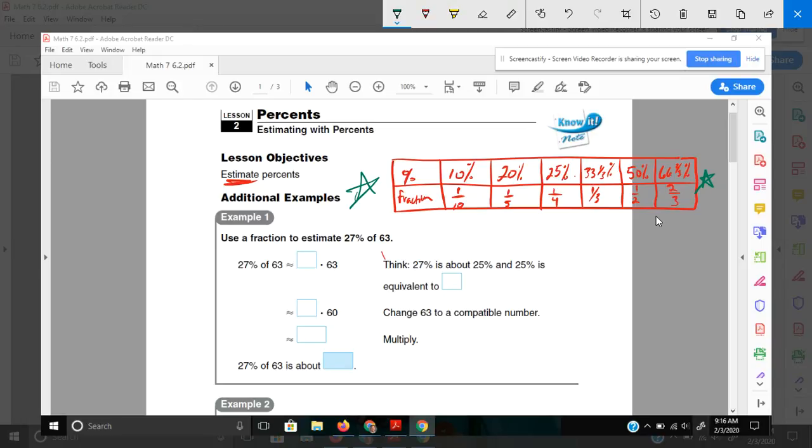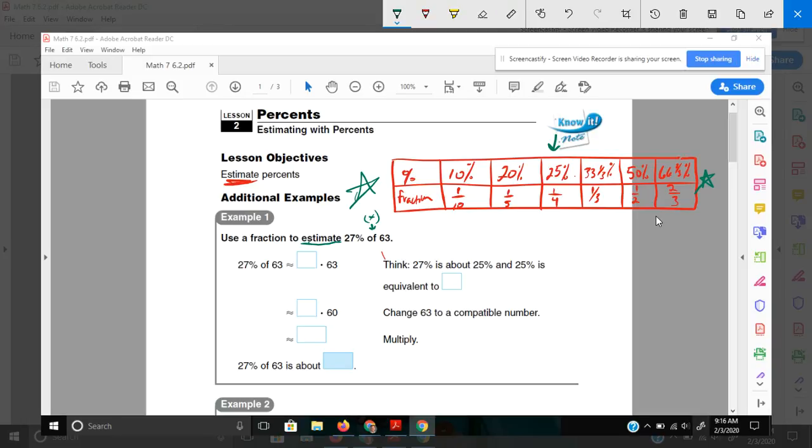All right, again, I'm just estimating here. We're not looking for the exact. And 27% is pretty close to 25%. So I'm just going to round that when I'm trying to figure out what 27% of 63 is. Another helpful little reminder in math is that "of" is usually a good hint to multiply.